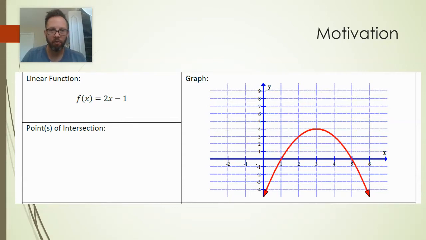Let's do this one. 2x minus 1. So minus 1, and the slope of 2, so up 2 over 1, up 2 over 1, up 2 over 1.